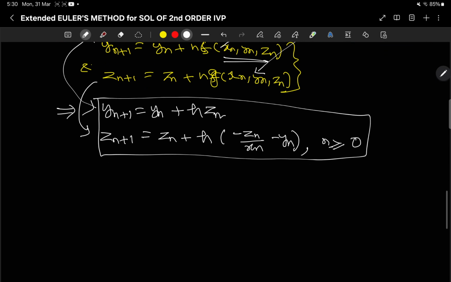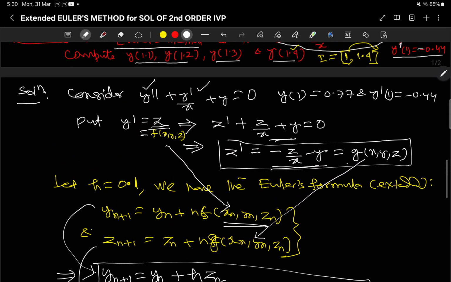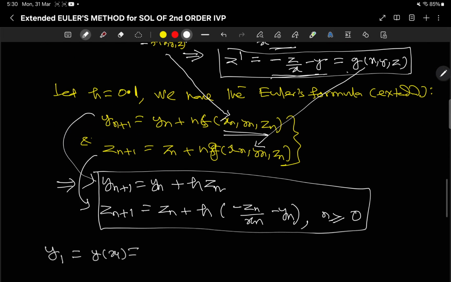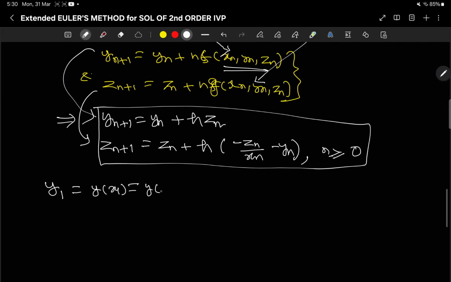So what is my y1 now? Means y of x1. What is x1? x0 is 1, so it is 1 plus h, means 1.1, y of 1.1. So this will be equal to y0 plus h z0, right?